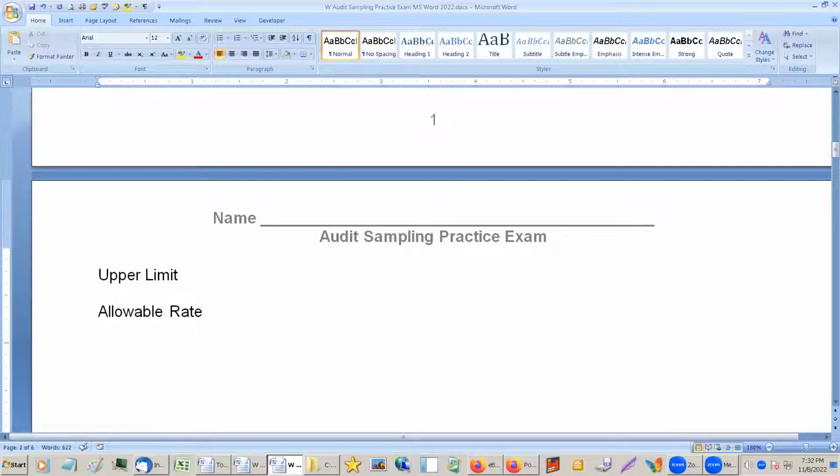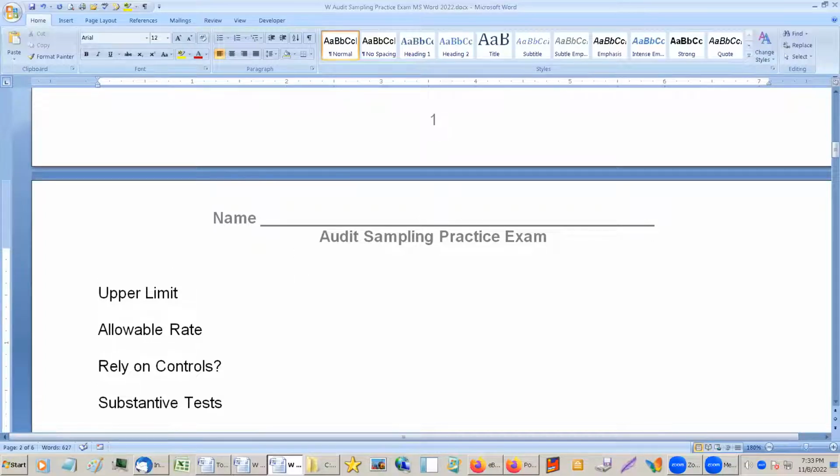Upper limit, allowable rate. I'll let you guys pick the numbers.